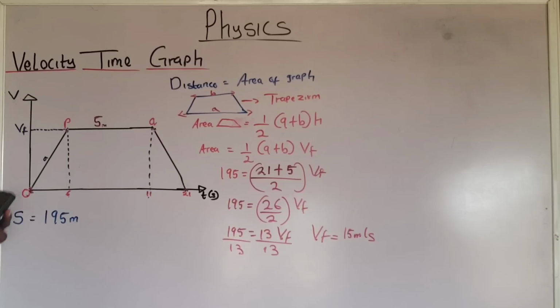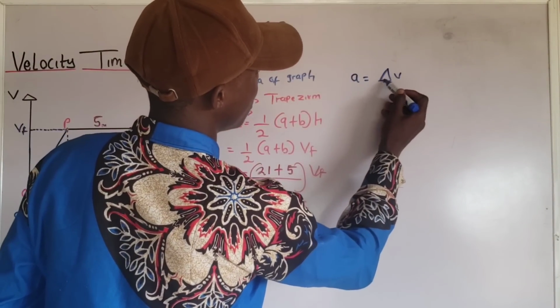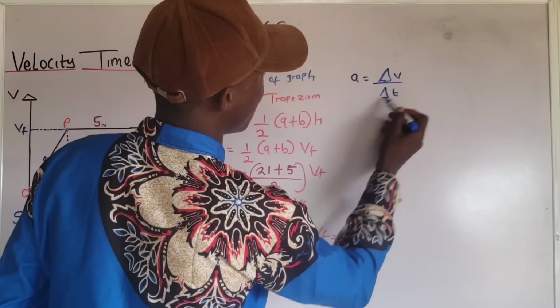Now, having gotten the final velocity that we need, we can easily determine the acceleration of the section OP according to the question, okay? Now, acceleration is changing velocity over time. So, acceleration here is equals to change in velocity all over change in time.